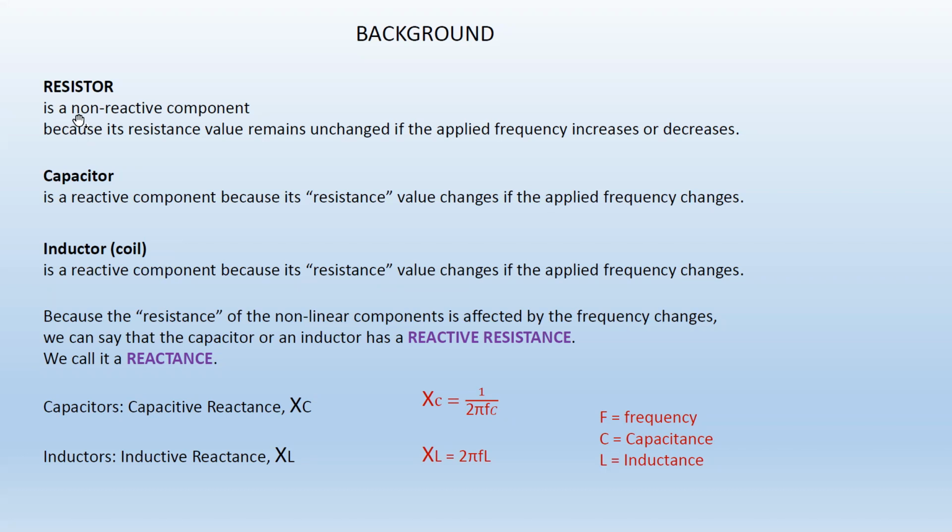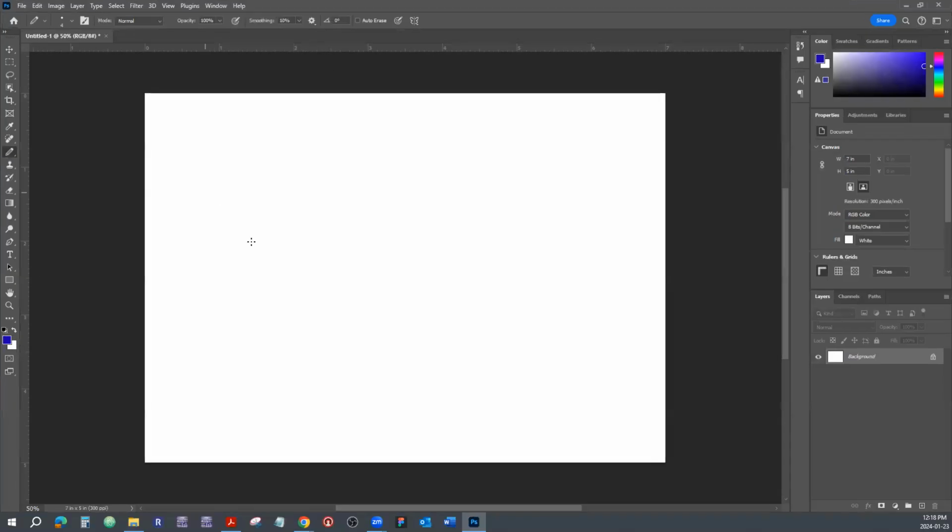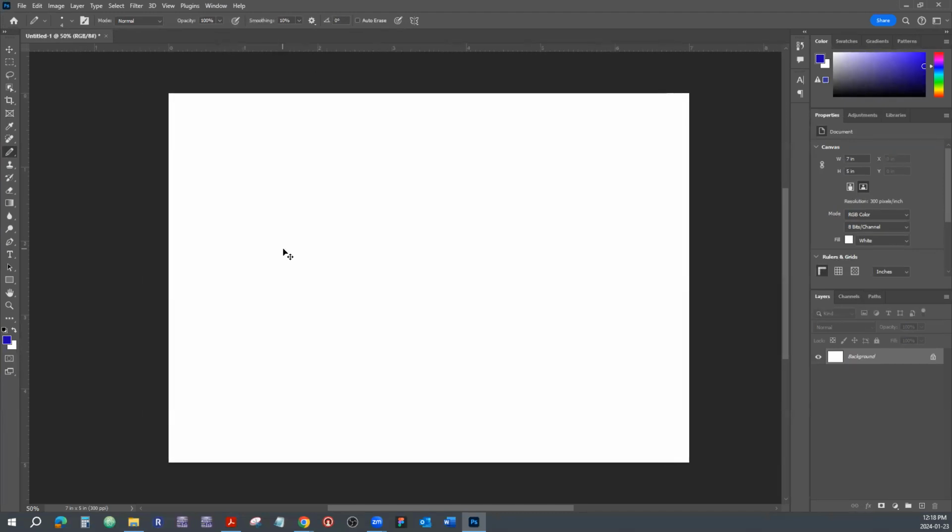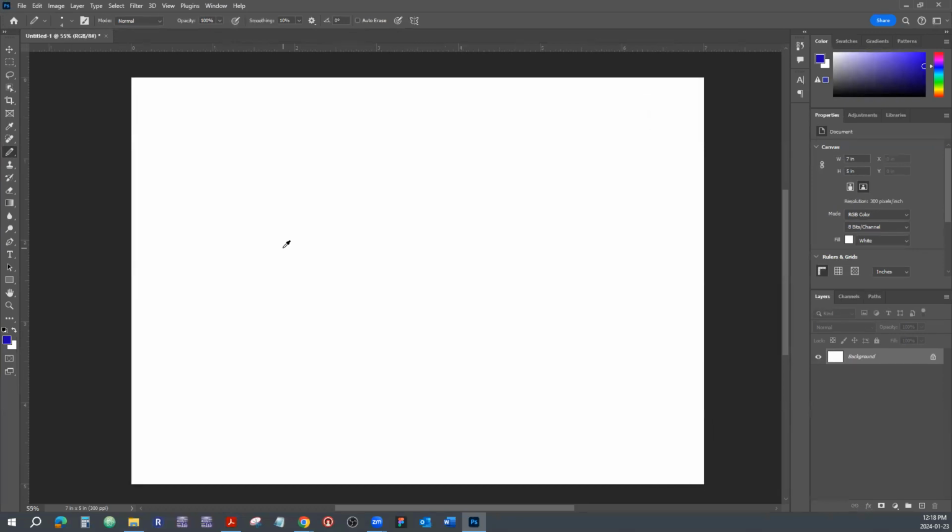A resistor is a non-reactive component because its resistance value remains unchanged if the applied frequency increases or decreases. Let's take a quick look at my board here, made out of Photoshop. Zoom in a little bit.